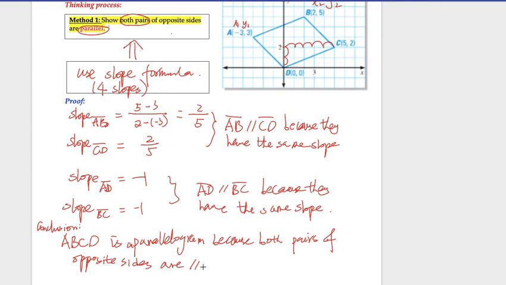That's the method you use, which is why in the final conclusion you indicate the method. Do not forget the final conclusion. It's very easy to just show the calculation without any explanation, which is actually considered an incomplete proof.